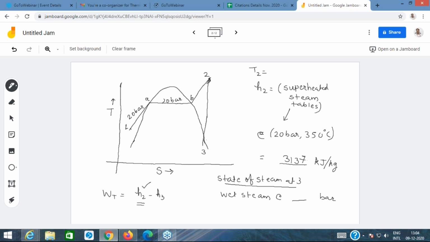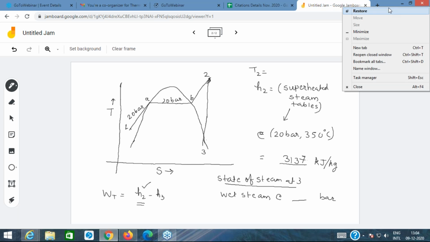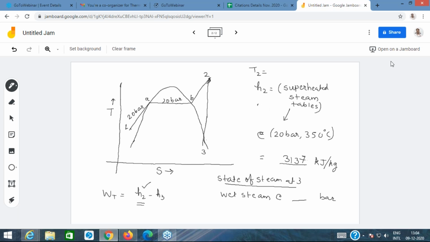What is the pressure of the steam at 3? Tell me. Ananta, Rushali, Gargi, Neha, Kamlesh, Tejas, Sharvari, Yuvraj.